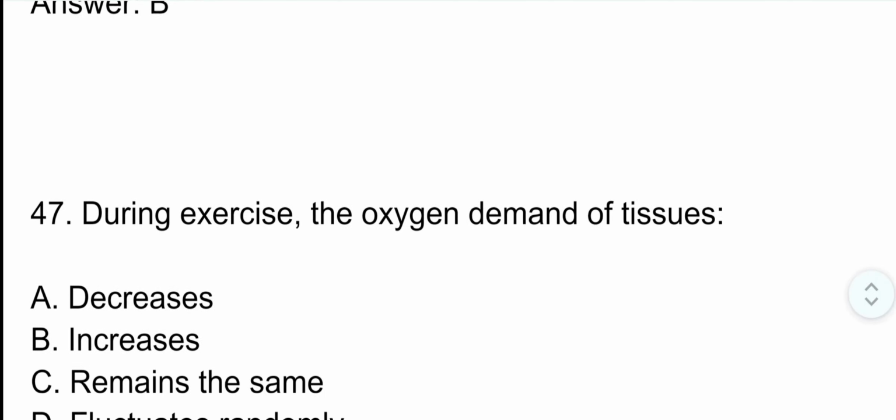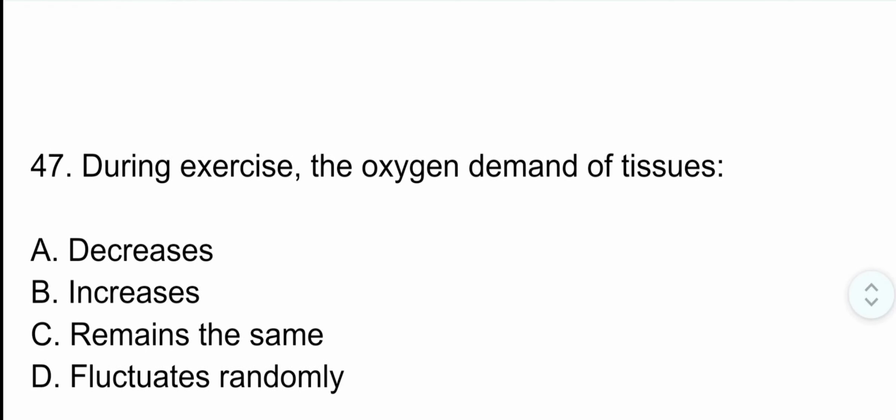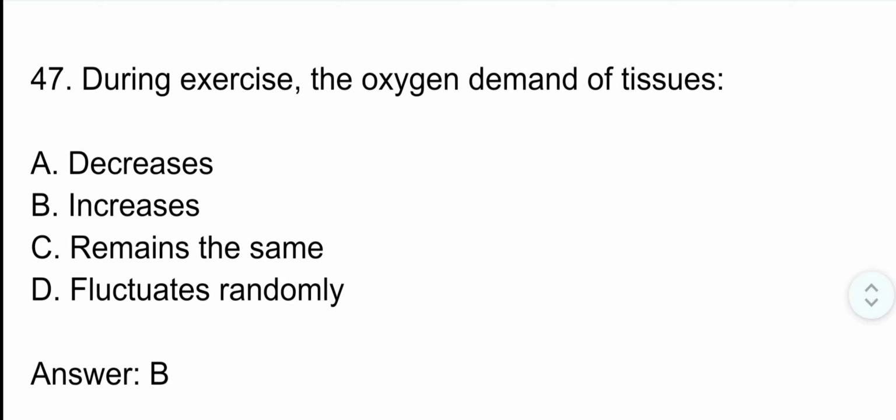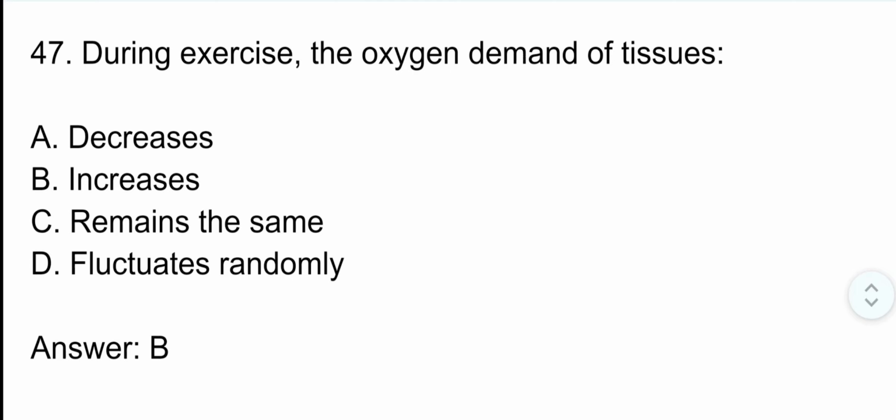Question number 47. During exercise, the oxygen demand of the tissue. The correct option is option B, increases.